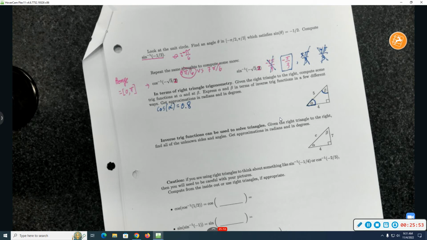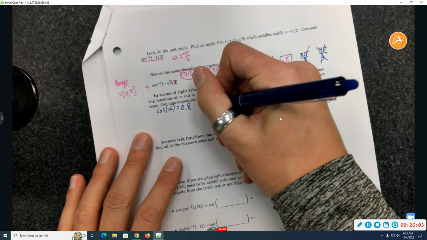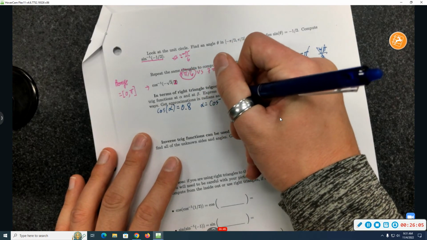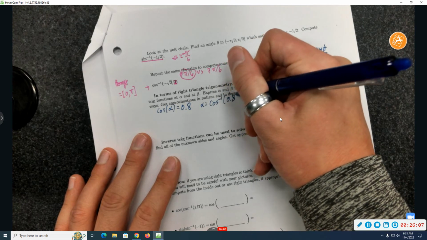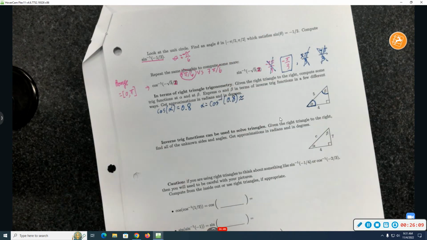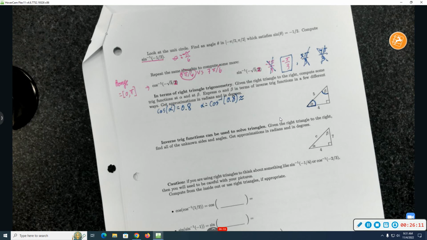Is alpha between 0 and pi radians? Yeah, it's an angle in a triangle. It's between 0 and pi/2. Oh, neat. That means alpha is inverse cosine of 0.8. And that's now an exact value. If you want to know how big it is really, I guess that means I need a decimal approximation.